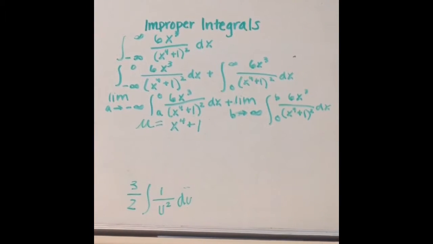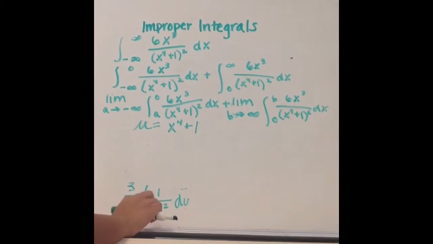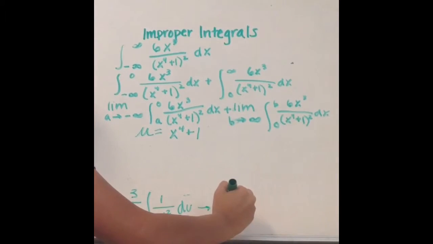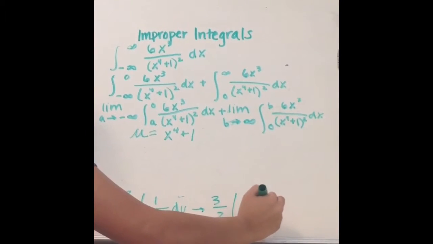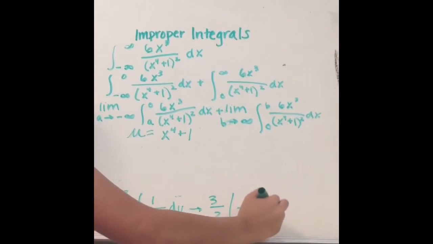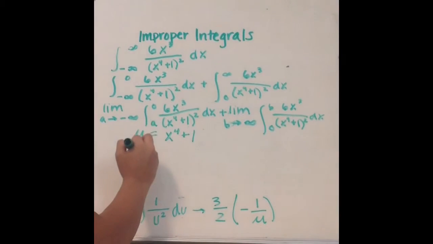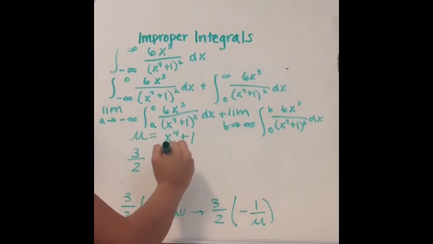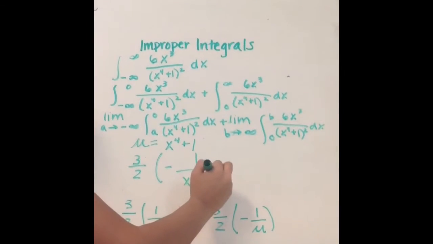Okay, so I erased some things to make more space on the board. So this integral becomes 3 halves of negative 1 over u. And then we could replace u back into it, so it becomes 3 halves times negative 1 over x to the 4th plus 1.